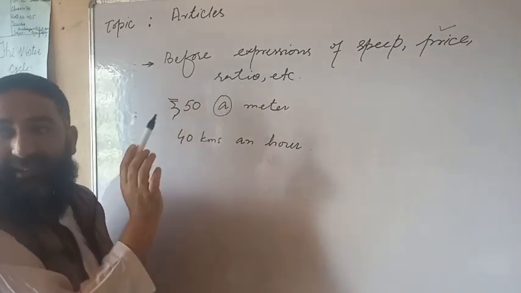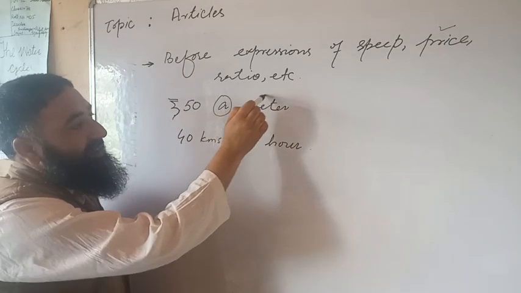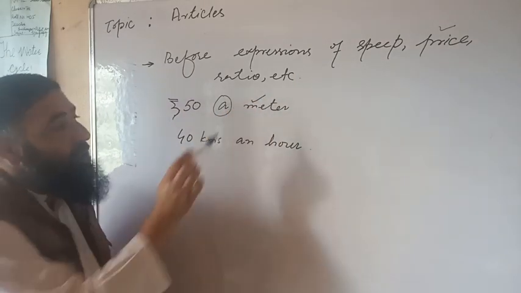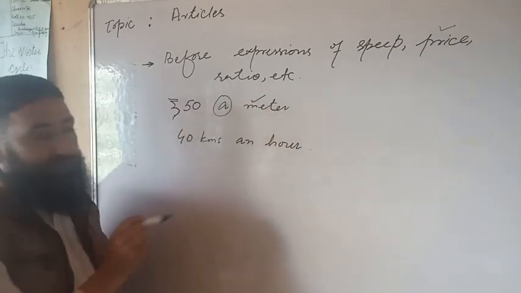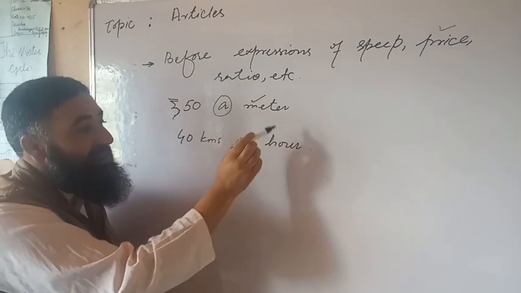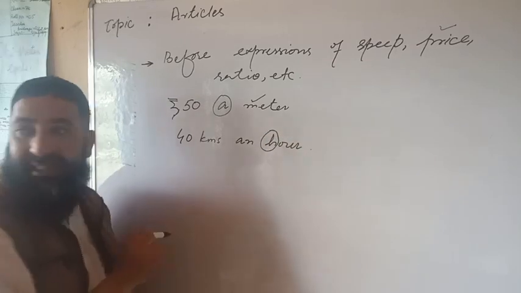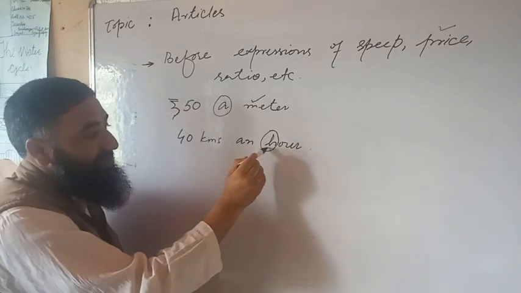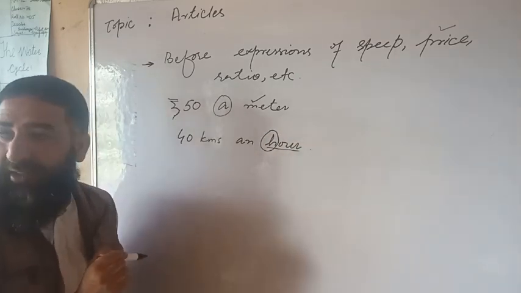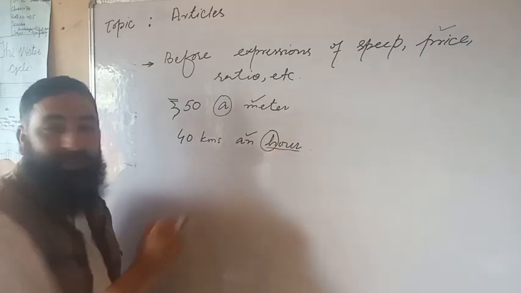A word that begins with a consonant sound takes a, and a word that begins with a vowel sound takes an. Here this H is silent, and the word begins with a vowel sound, so it will take an.